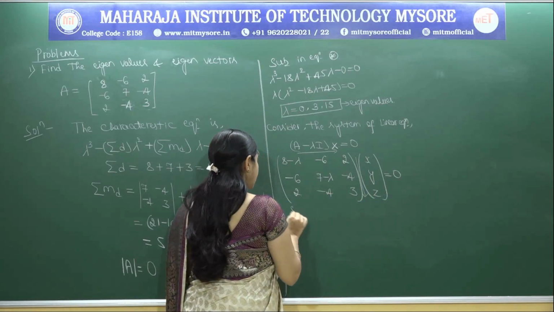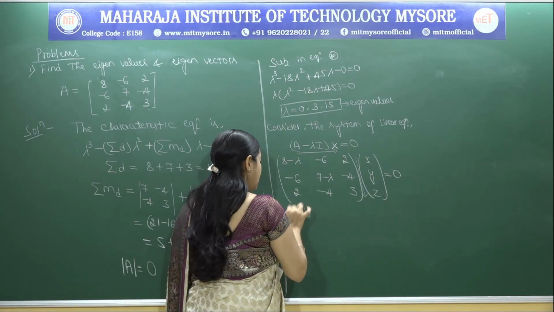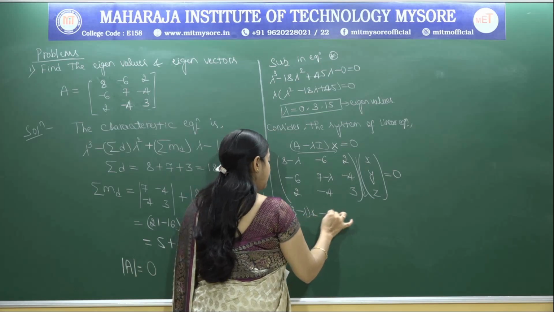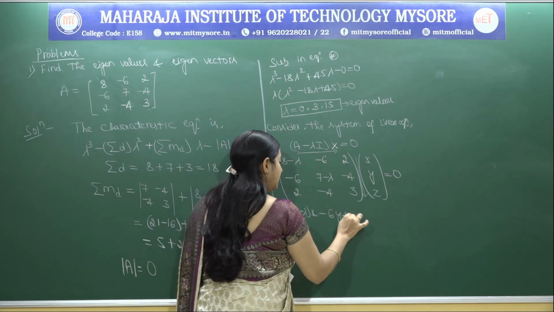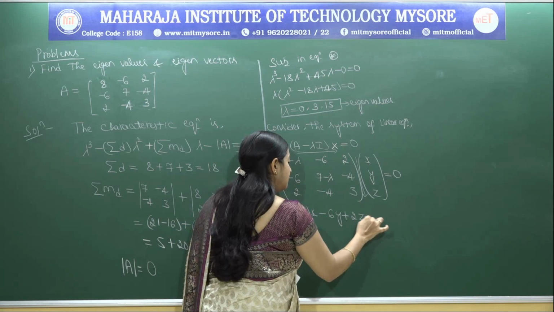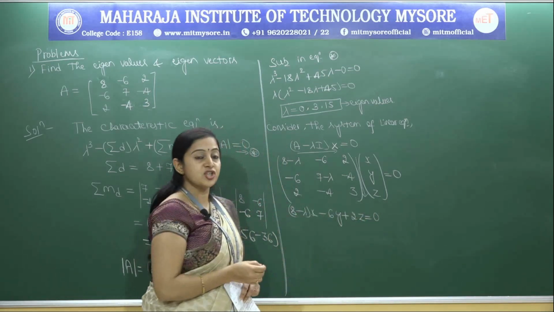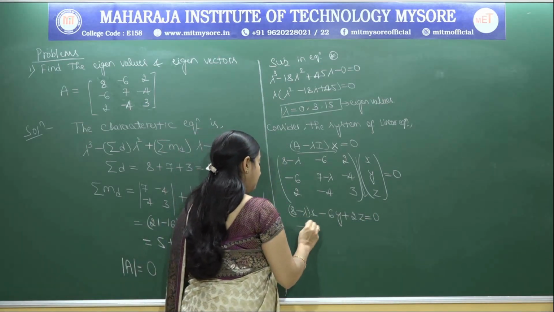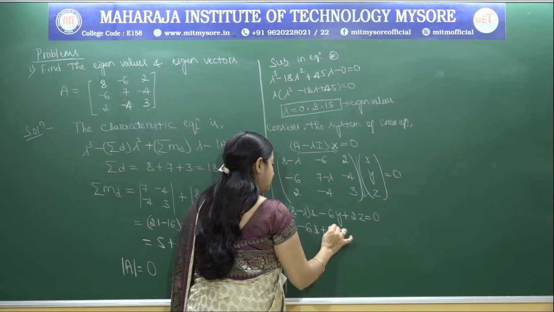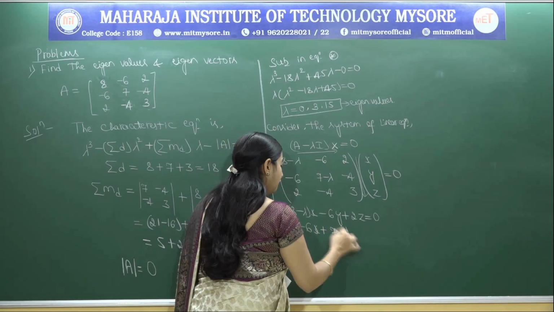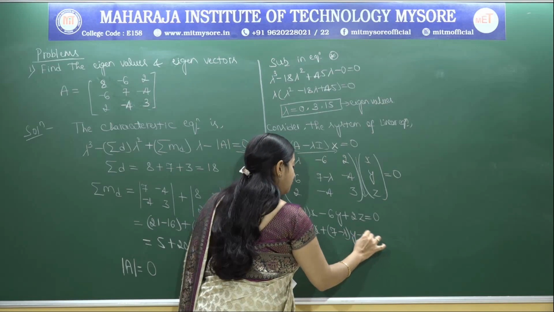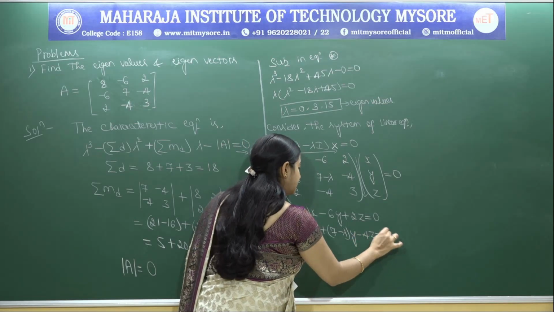The first one you will get (8 minus lambda) x minus 6y plus 2z equals 0. This is the first equation. Second one, minus 6x plus (7 minus lambda) y minus 4z equals 0.